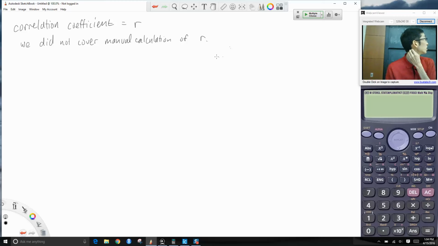But there is a concept where if you square R, we get this value called the R squared value, and this is called the coefficient of determination.